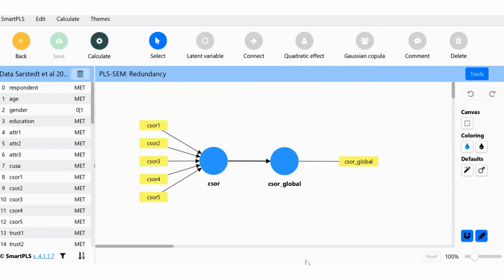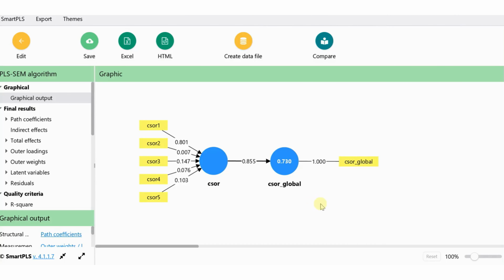Then we run start calculation. Here you can see the values. If the correlation is greater than 0.7, it states that there is a strong convergent validity. Suppose the value is lesser than 0.7, which indicates there is a weaker convergent validity.